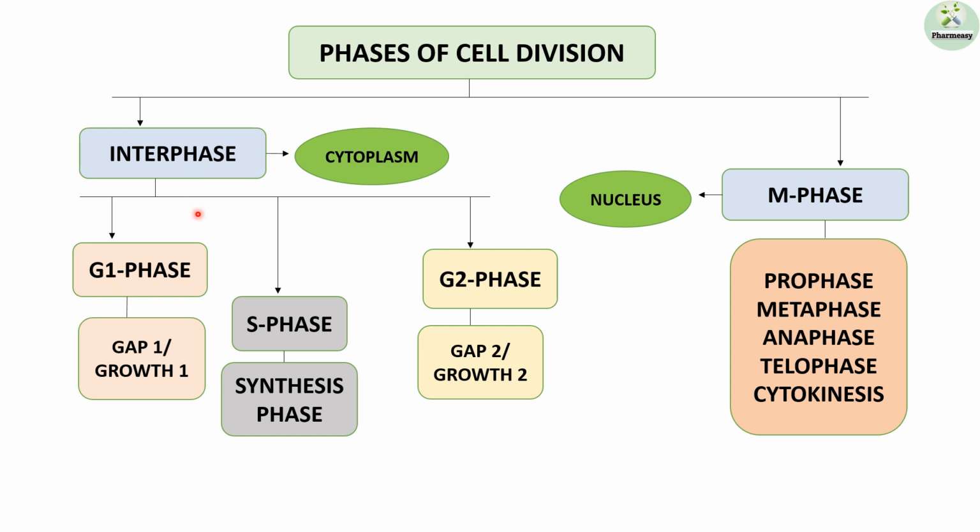Interphase includes G1 phase, means gap 1 or growth 1 phase, S phase, it denotes synthesis of DNA, G2 phase also means gap 2 or growth 2 phase, and G0 phase, also known as resting phase. M phase has several phases, that is Prophase, Metaphase, Anaphase, Telophase and Cytokinesis. It occurs in the nucleus.